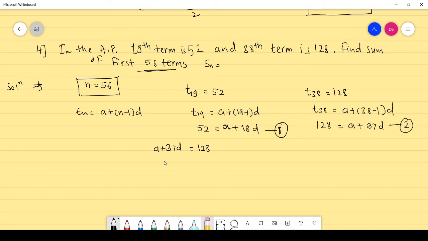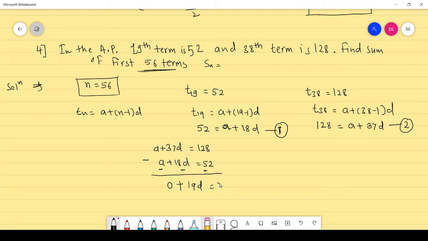And equation 1: a plus 18d is equal to 52. You can subtract this. The sign will be minus, minus and minus. a minus a is 0, plus 37 minus 18, that is 19d, is equal to 128 minus 52.